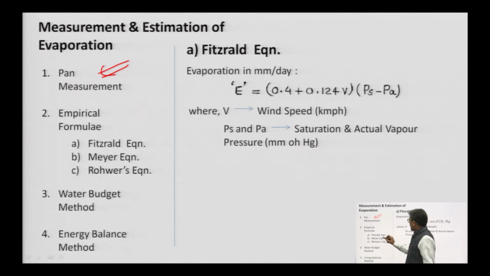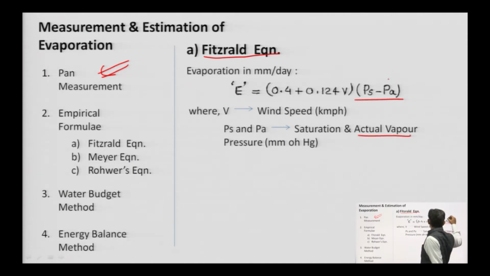The first equation is the Fitzgerald equation. Through this equation, E is equal to (0.4 + 0.124 V) multiplied by (Ps minus Pa). Ps and Pa are the saturation and actual vapor pressure, in mm of Hg.